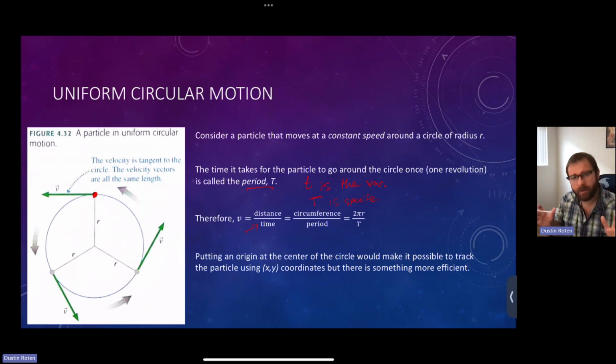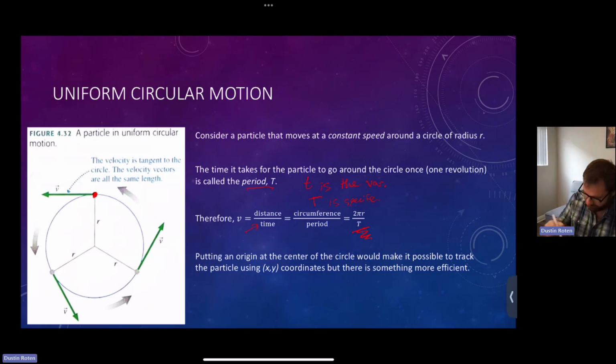But to come up with a basic way to calculate velocity, let's think about the distance, one revolution, okay, so the circumference, and then how long it takes to do that, the time, so that'd be the period in this case. So the distance over time would just be the circumference, one revolution, divided by how long it takes to do that, big T. And then we have this nice relationship here. So it's essentially just 2 pi r over the period. And that's going to give you the velocity of this particle going around the circle.